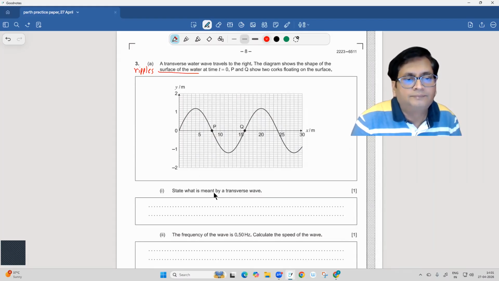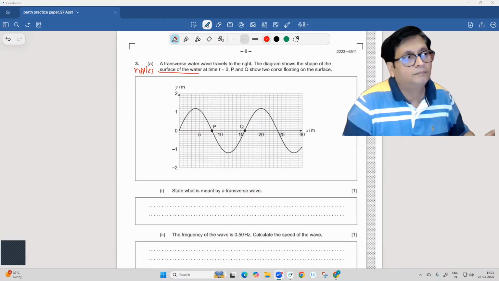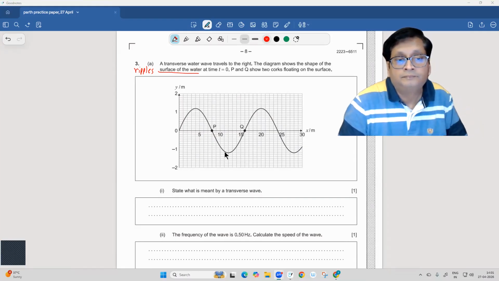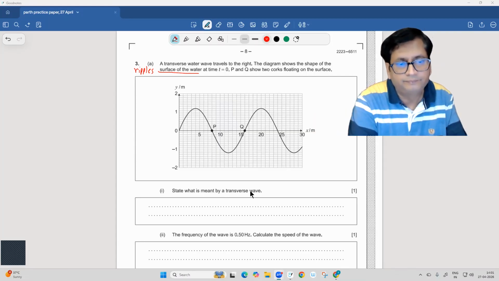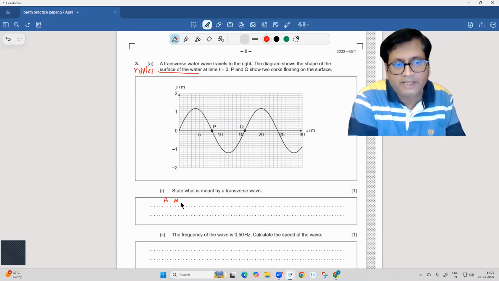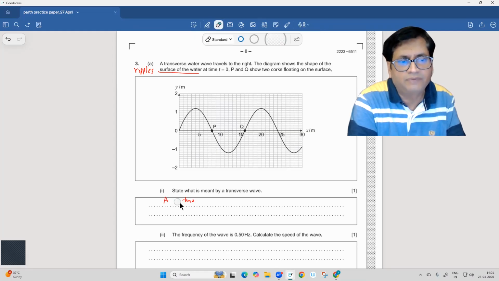So just a second. What is meant by transverse wave? You can write that. It is a mechanical wave. Mechanical need not be included, light is also a transverse wave.